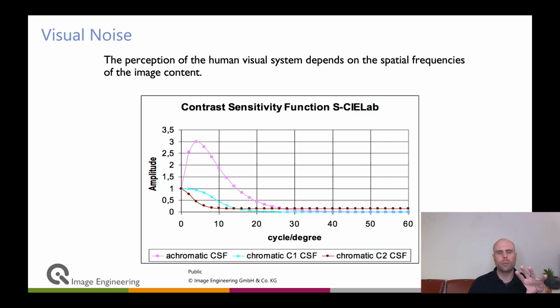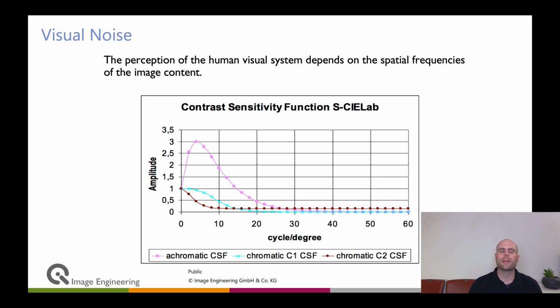Then you have a peak which you can see very well, and then it just falls off, and that is limited by our eye. So very small details we can't see that well anymore. What you can also see in this graph is that the achromatic CSF, so the intensity, is much higher than the chromatic CSF, which is the color information.